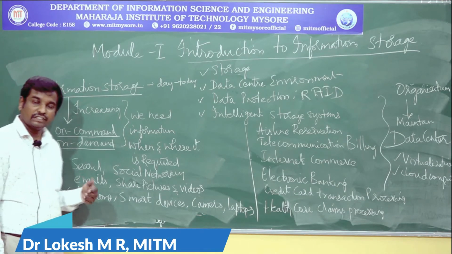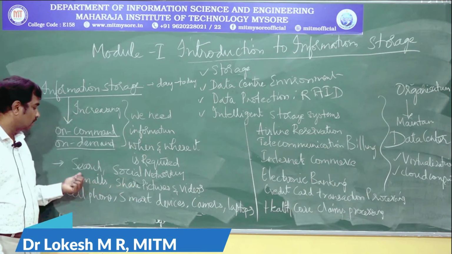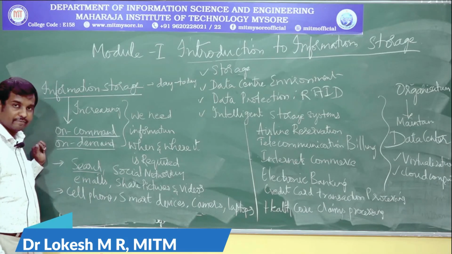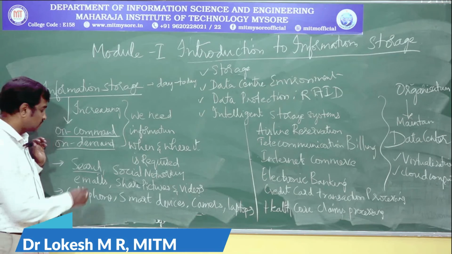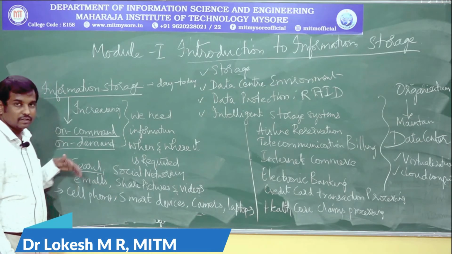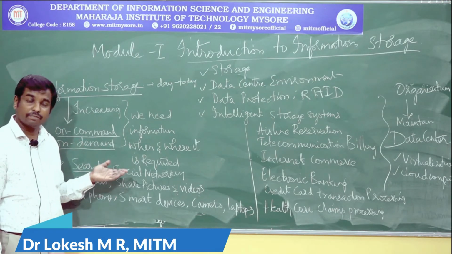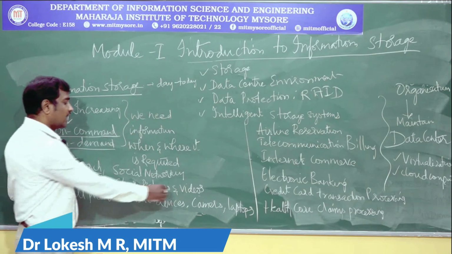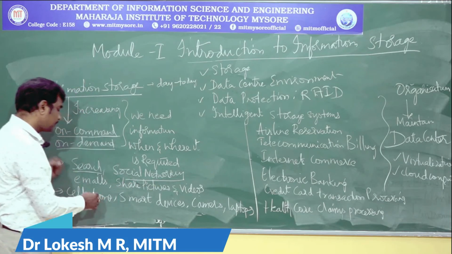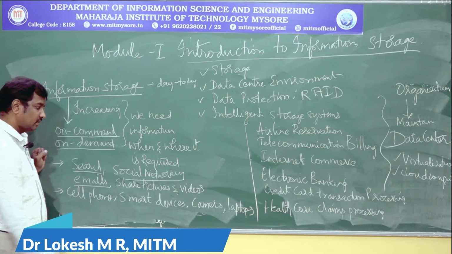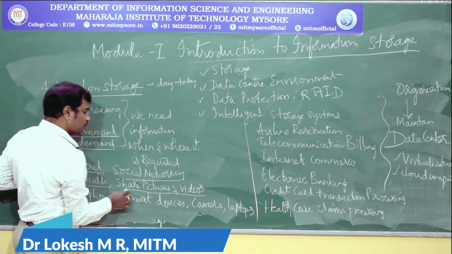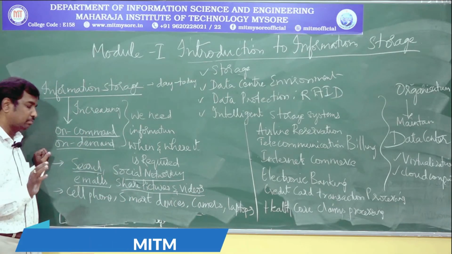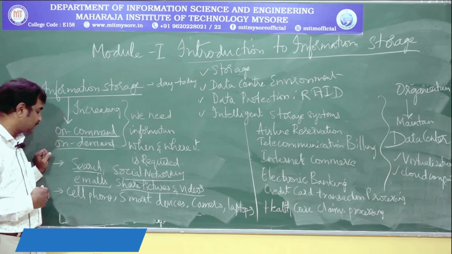Usually we generate information on the internet by search operations. Whenever we require information, we search on the internet, which means the information is stored in some places. We search it, and we use social networking, perform email operations, and share pictures and videos.